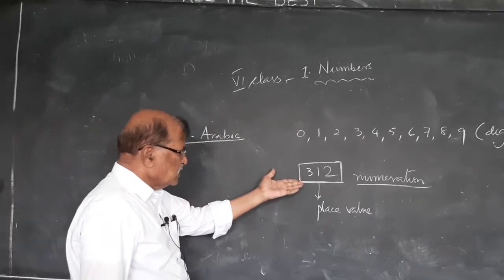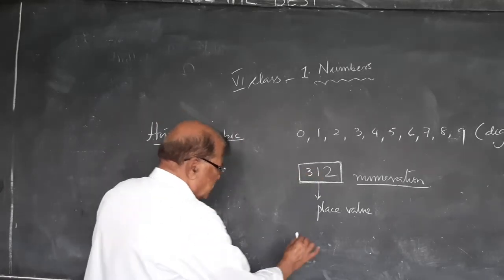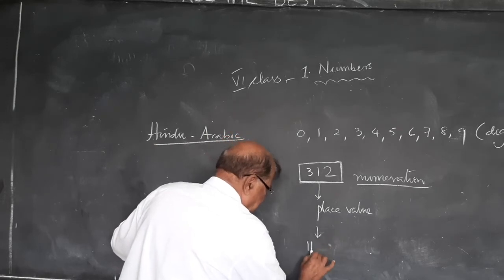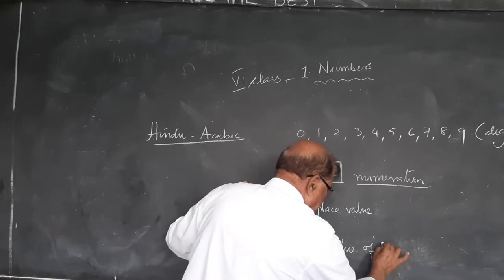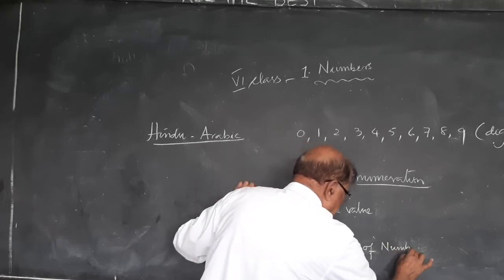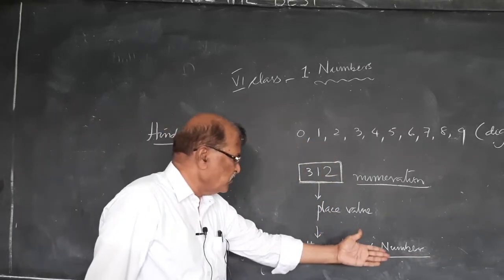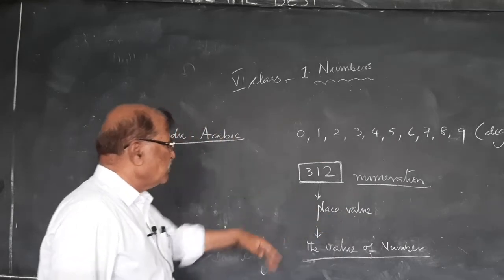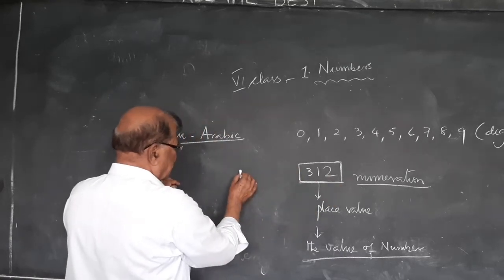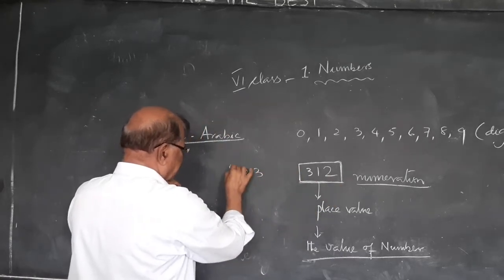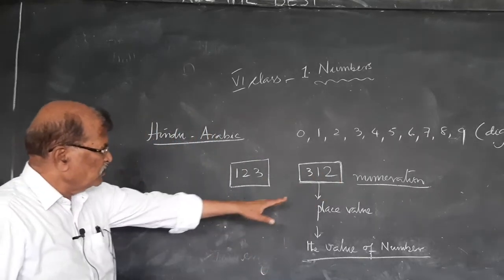And we have the value of a number, the place value of a number. Now, let us take the same digits, 1, 2, 3, but their positions are different.